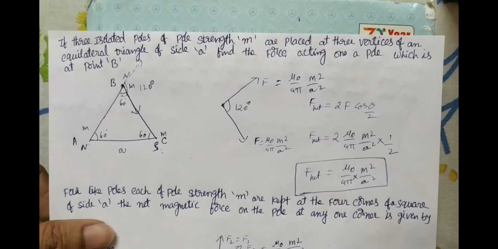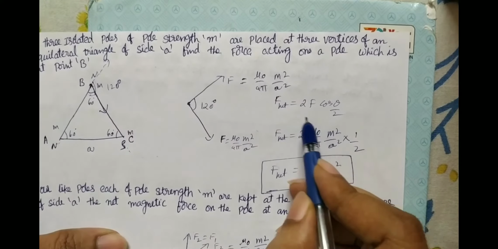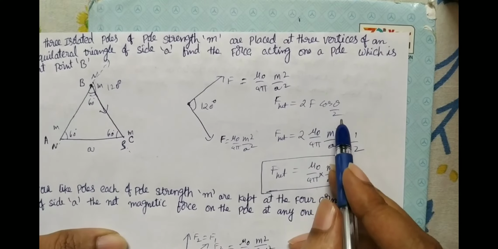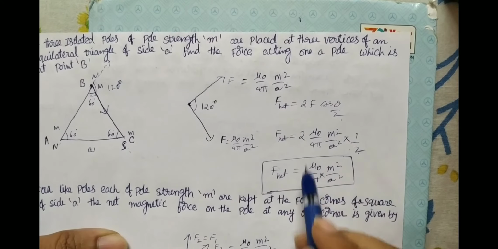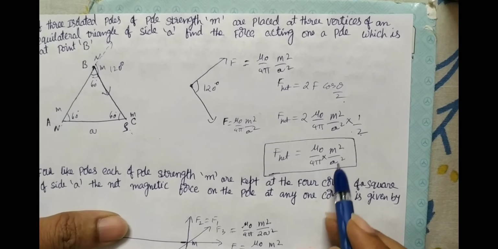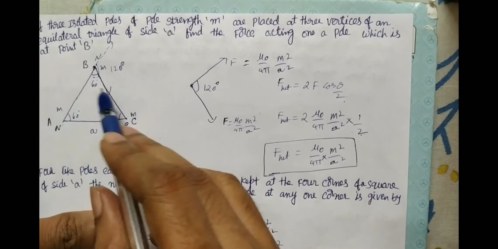Now what is the formula? F resultant, F net, is equal to 2F cos theta by 2. Substitute the F value, and cos theta by 2 is cos 120 by 2, which is cos 60, that is 1 by 2. Substituting the value, we get F net equal to mu naught by 4 pi m square by a square. You see that this is the force due to one of the poles only.